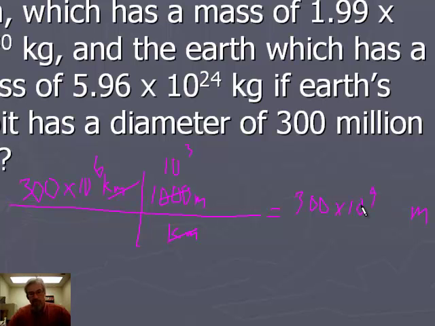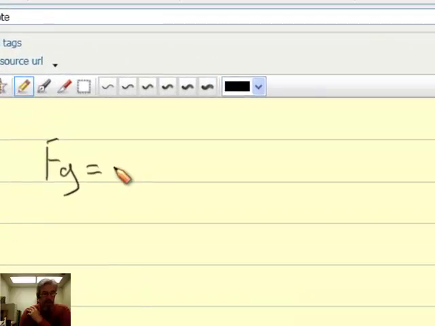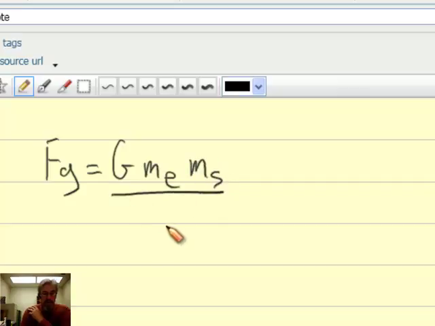Now let's switch to a different format and plug that information into our problem. So the force of gravity between these two bodies in our solar system is going to be Fg equal to, again, G times the mass of one object, we'll call that the Earth, times the mass of the second object, the Sun, divided by the square of the distance between the two of them, which is the radius of Earth's orbit.